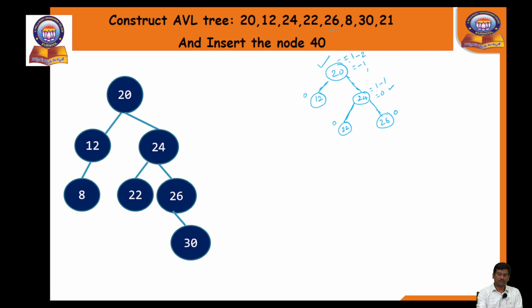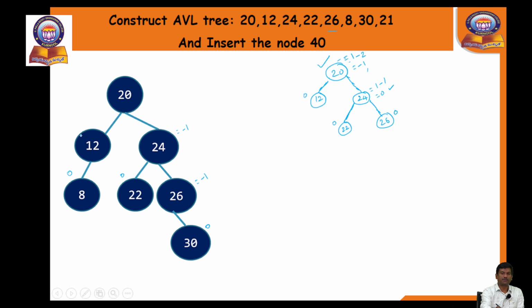The balance factor of node 30 is equal to 0 because it is a leaf node, node 22 is 0, node 8 is 0, and for node 26, the left subtree is 0 and the right subtree is 1. So 0 minus 1 will be equal to minus 1. For node 24, the height of the left subtree is 1 and the height of the right subtree is 2. 1 minus 2 will be equal to minus 1. And how about node 12?